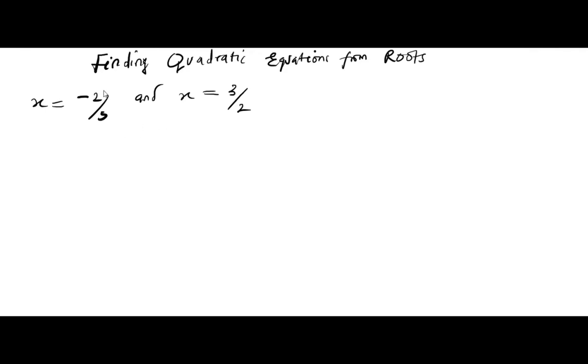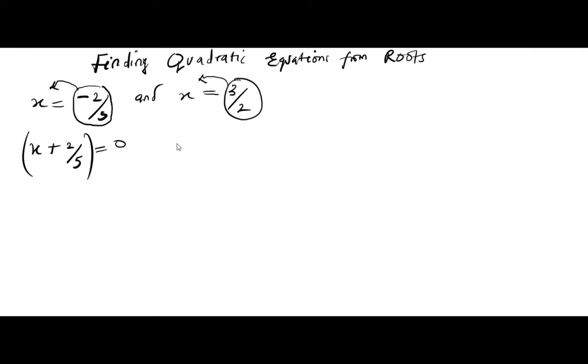So what we need to do is take this negative 2 over 5 across the equality sign, and it will change to x plus 2 all over 5 equals 0. This forms one of the factors. You take this positive 3 over 2 across the equality sign, and it will change to x minus 3 over 2 equals 0.